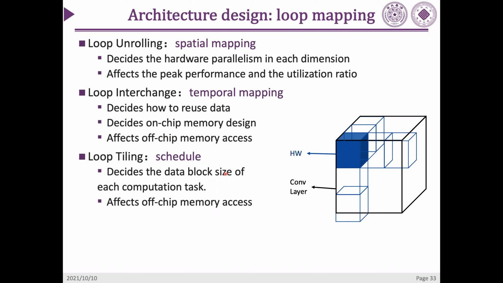And the third design point is loop tiling. That is how to decide how large the data block size is of each computational task. It also affects the off-chip memory access because the data size is related to the load and save, so it's also a very important design choice you need to make.